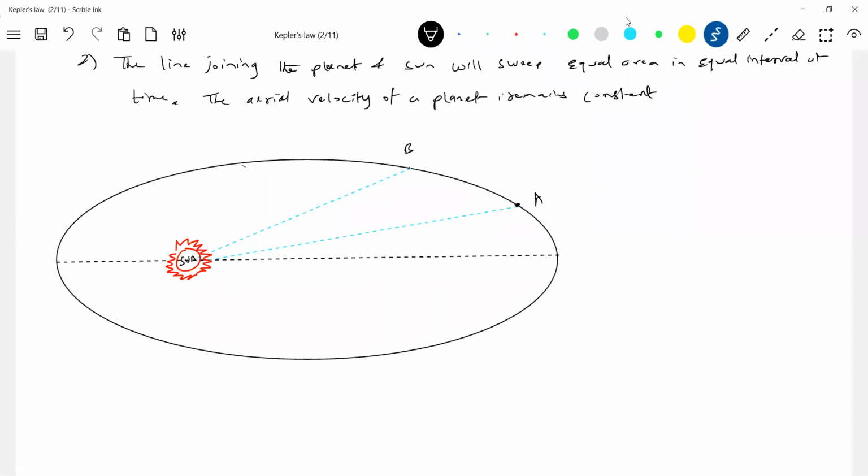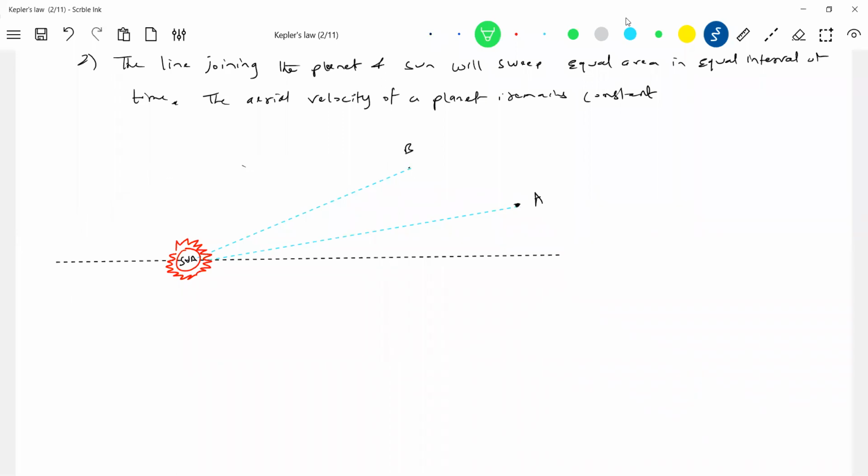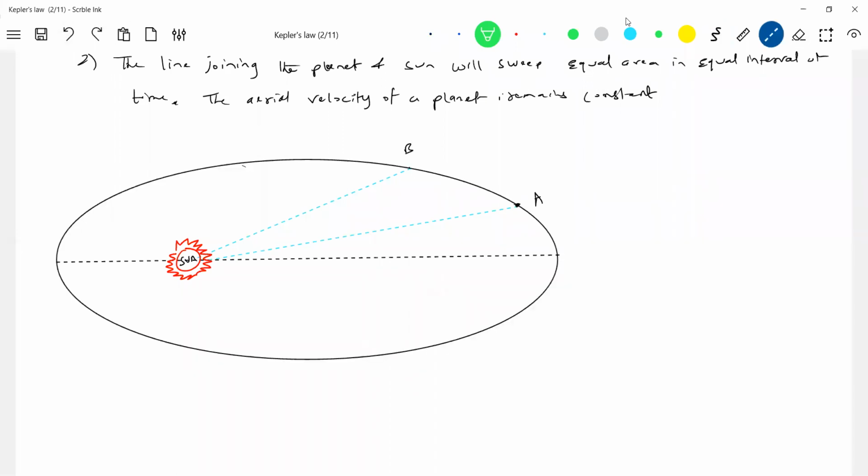So let me go further. I'll just extend the radius vector SB by a small distance. This is the sun.